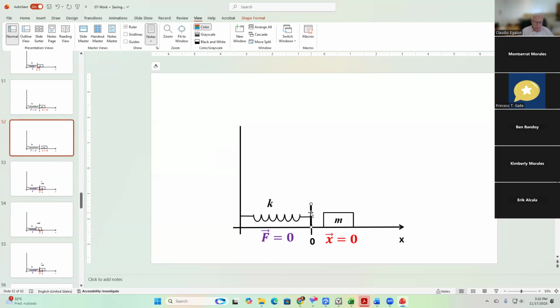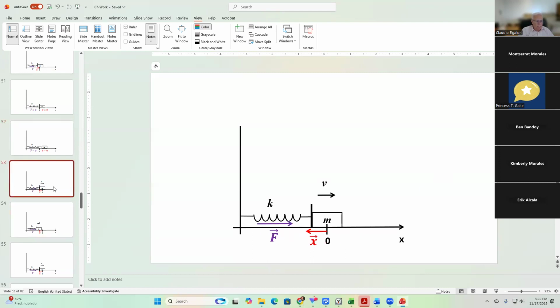The spring is going to be a little bit stretched, okay? But the velocity of the plate is going to be slightly smaller than the velocity of the mass. That's why the mass is going to detach from the plate of the spring.